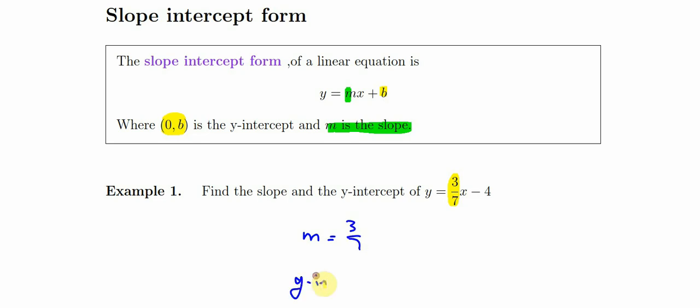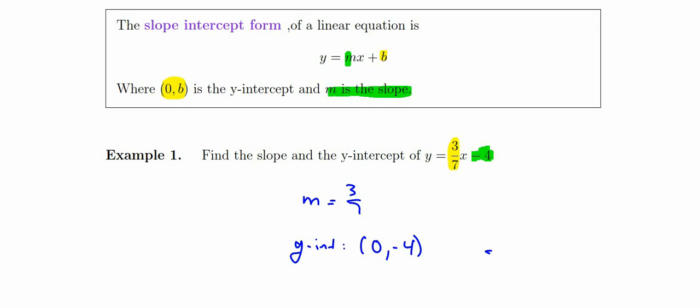Now the y-intercept is the point 0 and then this is a -4. So it's the point (0, -4). Don't tell me the intercept is -4, because that's not a point on a graph. The y-intercept is the ordered pair (0, -4).